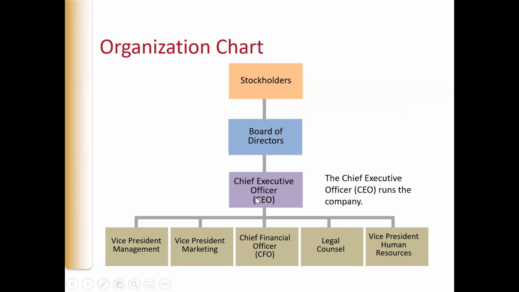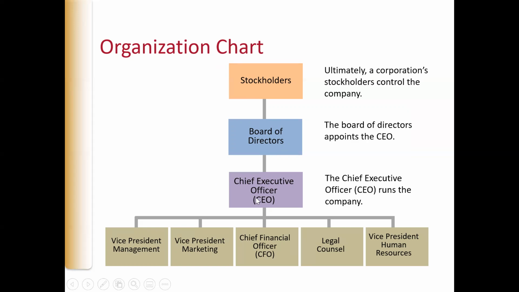It's the CEO that runs the company, and he hires his top management to assist him in running the company. But it's the stockholders who ultimately own the company, and stockholders don't run the company. They hire someone outside to run the company. Again, the CEO.